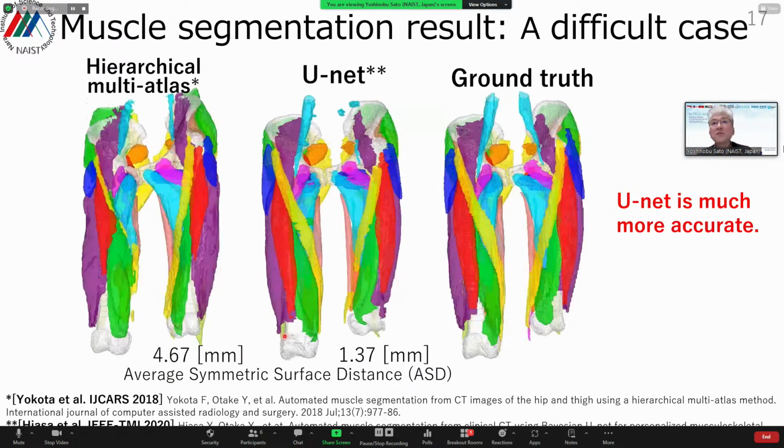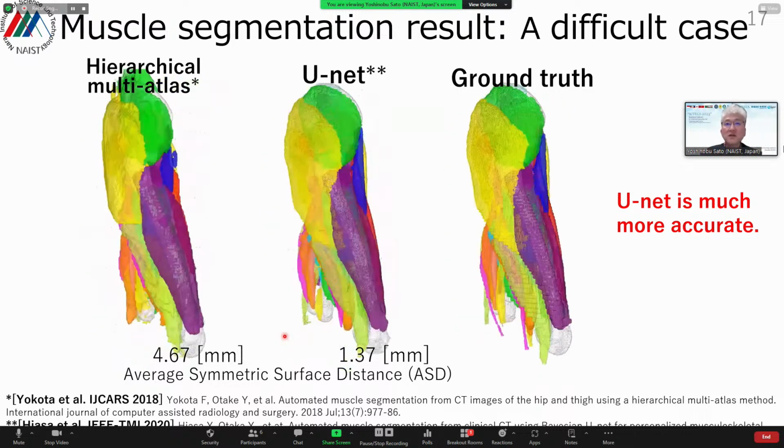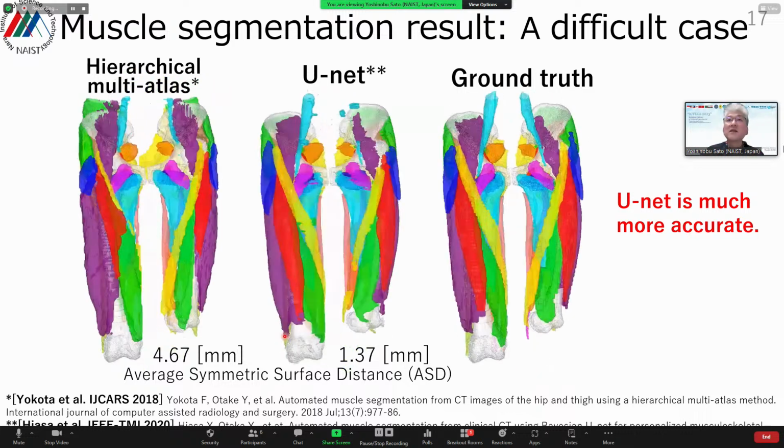This is one of the typical results, but this is a very difficult case. This is the ground truth, hand-manually annotated data. This is the UNet deep learning result. We have been working on this problem for more than 10 years. Before deep learning, we used the so-called hierarchical multi-atlas method.